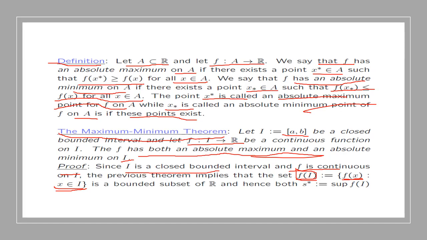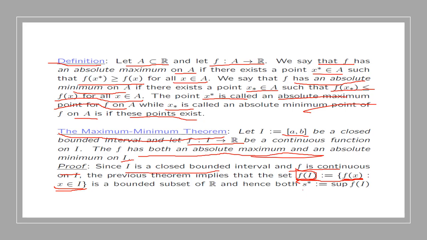Now, since f is bounded on I, that means f of I is bounded, and being bounded means it's bounded above and below. Since it's bounded above and below, both the supremum and the infimum exist.